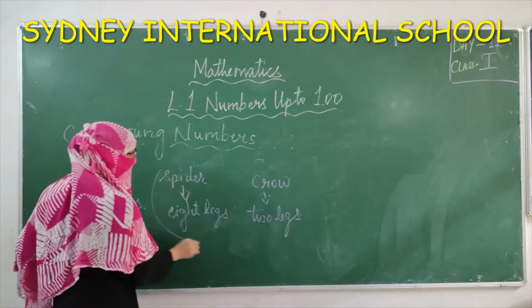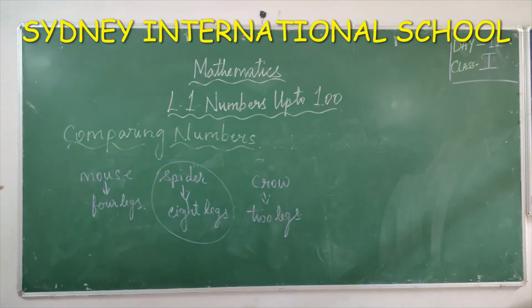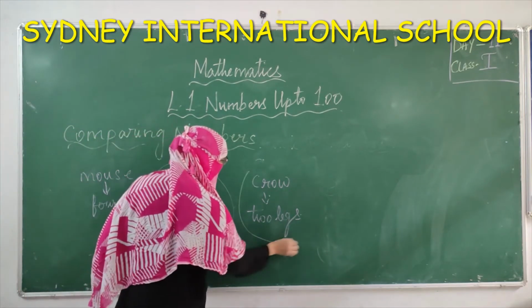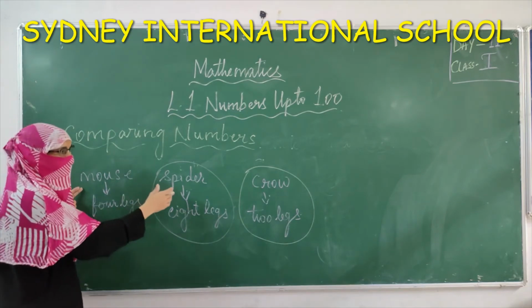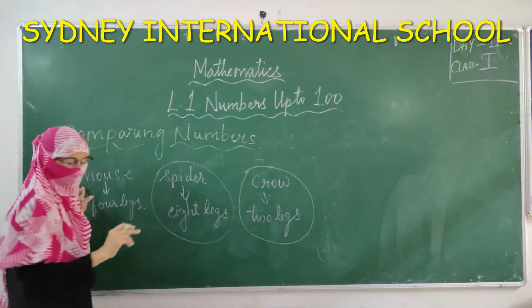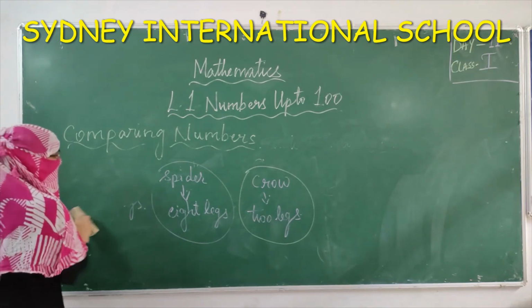Yes, the spider is having more legs. Now I will ask you, which animal is having few legs? The crow is having the fewest legs. So in this way you have to compare between 3 numbers. That was the comparison of 2 numbers. This is the comparison of 3 numbers.